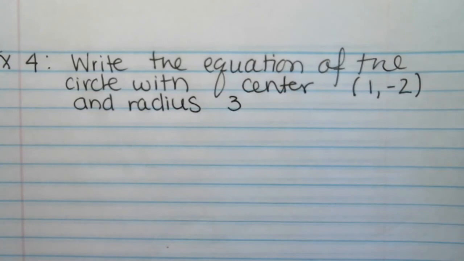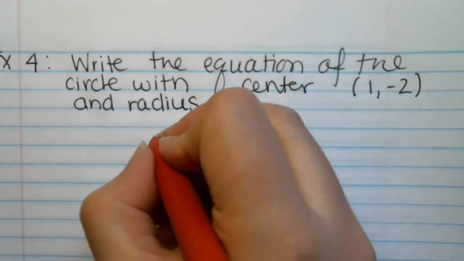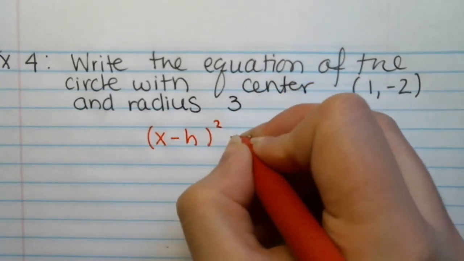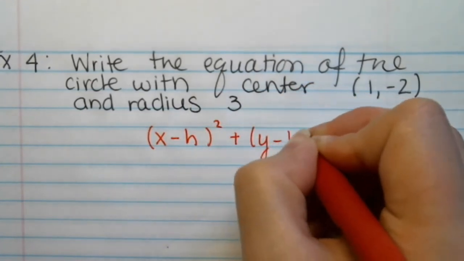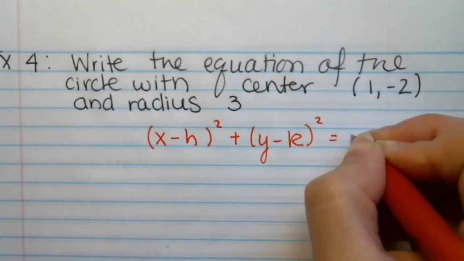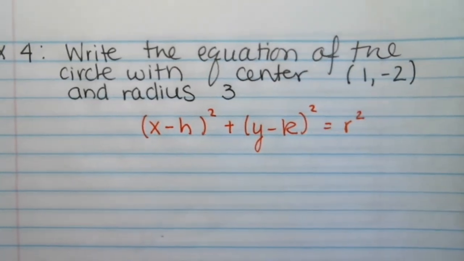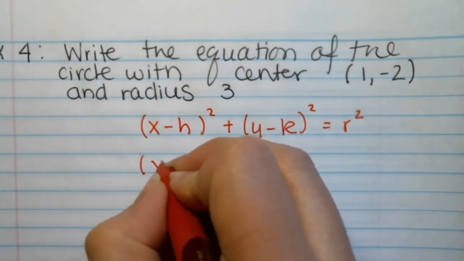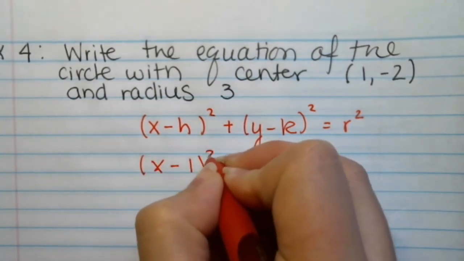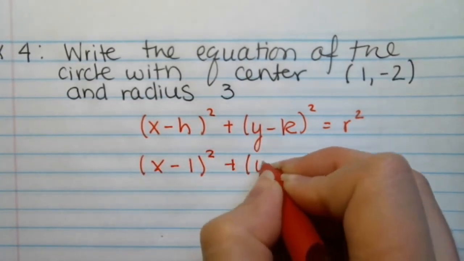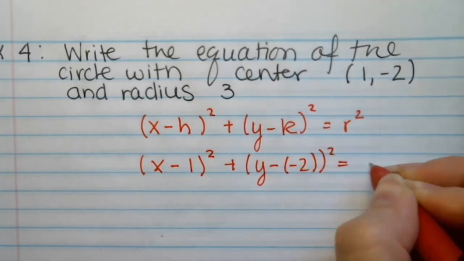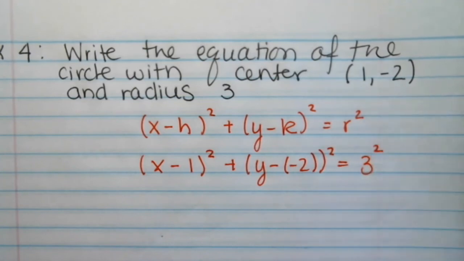Okay, so we're going to take the base form, which looks like this. And we're going to fill in the information. So here's our center h, k. So we're going to have x minus 1 squared plus y minus -2 squared equals r squared.